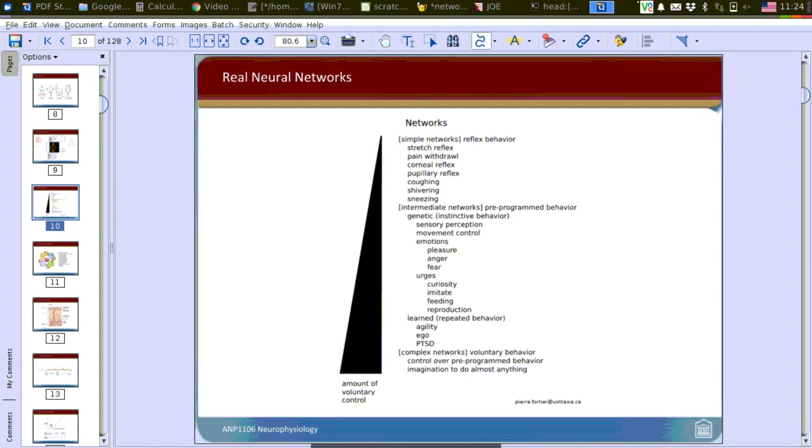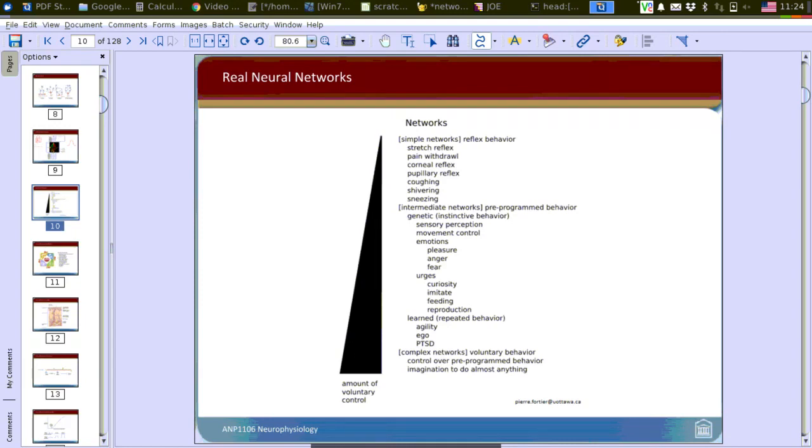If you were to place your hand on a hot surface, you would have the withdrawal reflex that comes in first. Then the intermediate networks would give you sensory perception of the pain. And finally, the complex networks will allow you to analyze the situation so that you avoid it in the future.